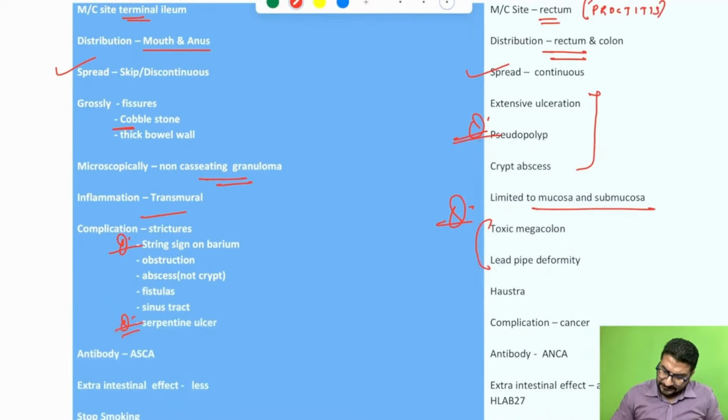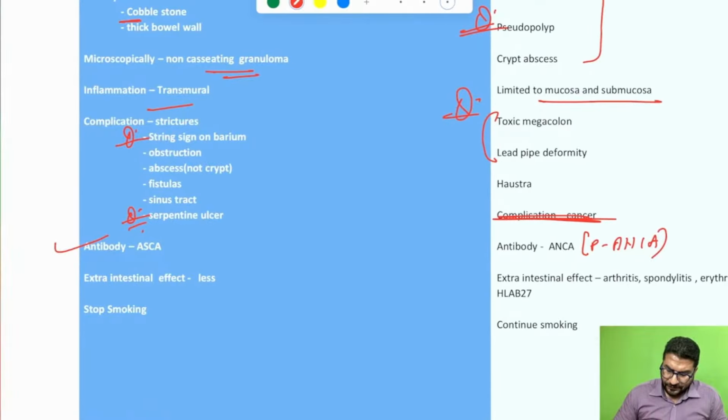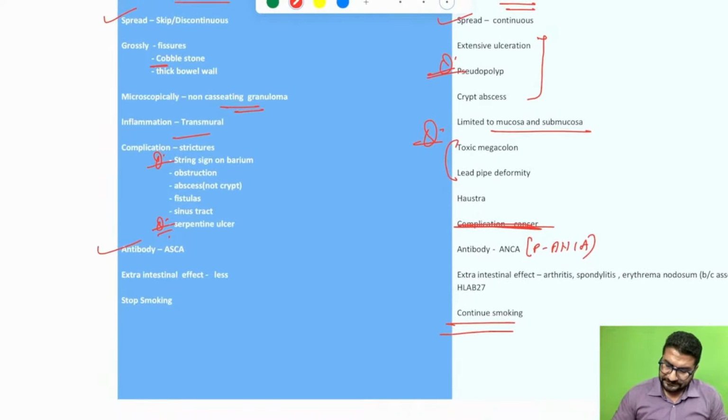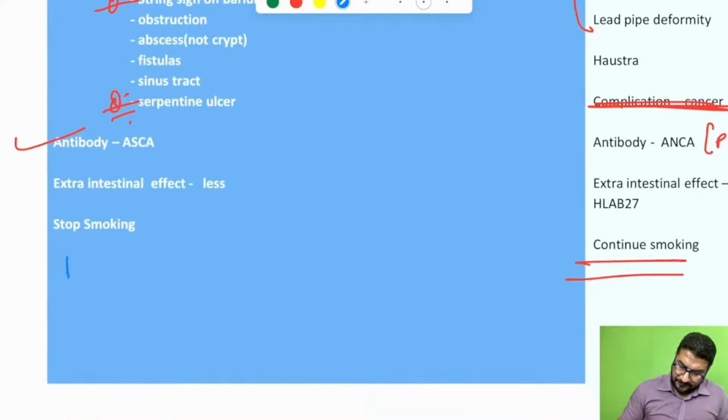Complication: cancer can occur in both. The antibody will be ASCA, anti-Saccharomyces cerevisiae, in Crohn's. Here the antibody will be p-ANCA. Here smoking is bad, you should stop smoking. Here smoking is protective. So these are the differences between Crohn's disease and ulcerative colitis. If I talk about which disease has more relapse, Crohn's will have more relapse.